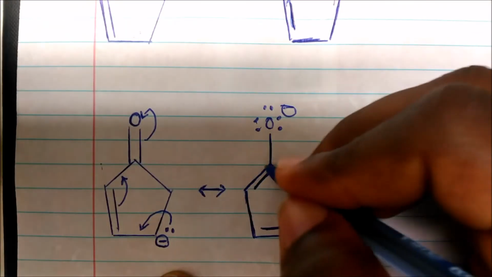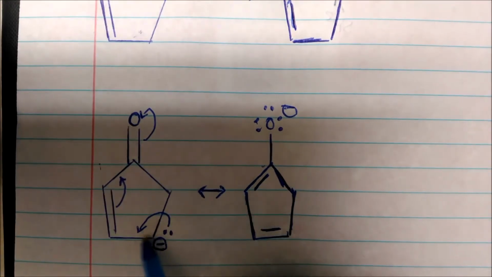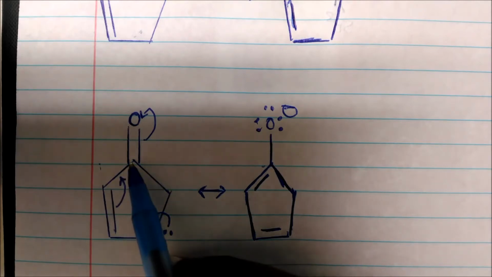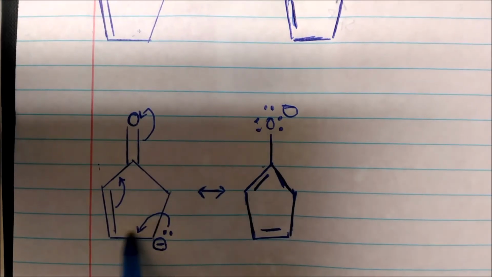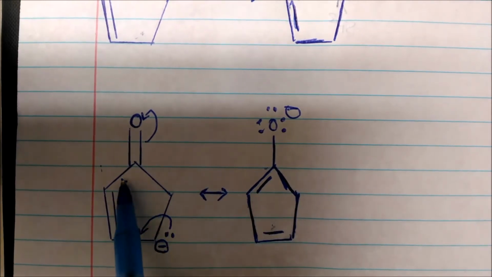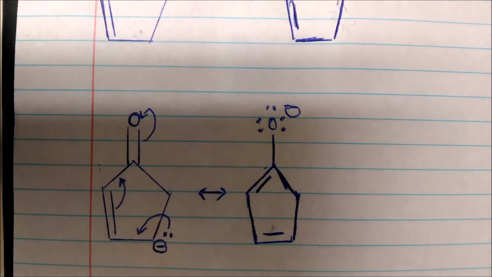Everything else is stabilized because flipping these lone pairs in here gives this carbon this bond, but this double bond is also here. This imaginary double bond is also here, so this satisfies everything. This is good because we moved this up here, so you can see it's a chain reaction.